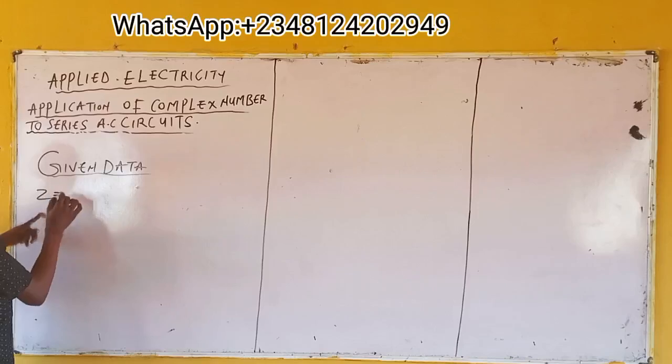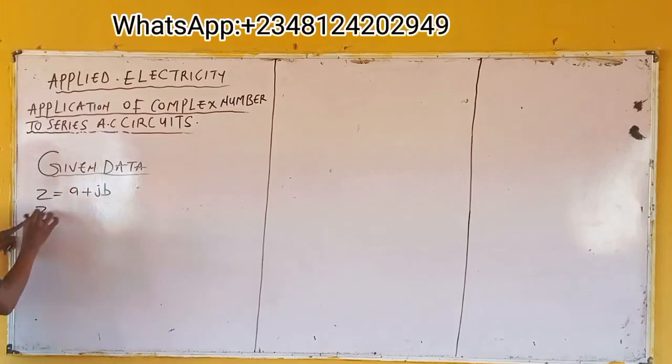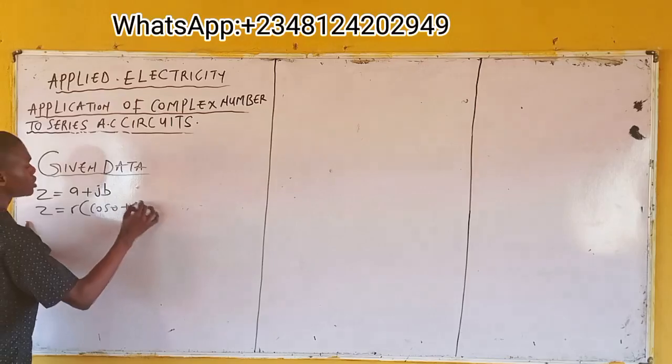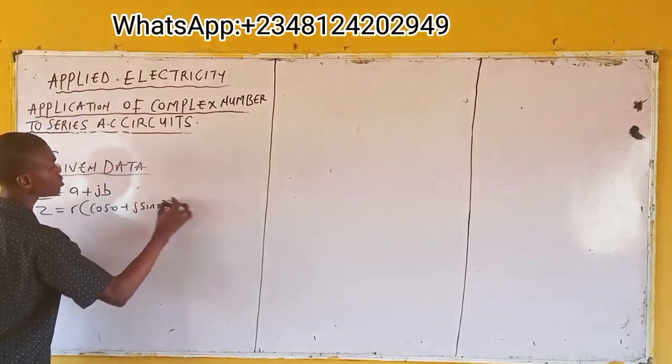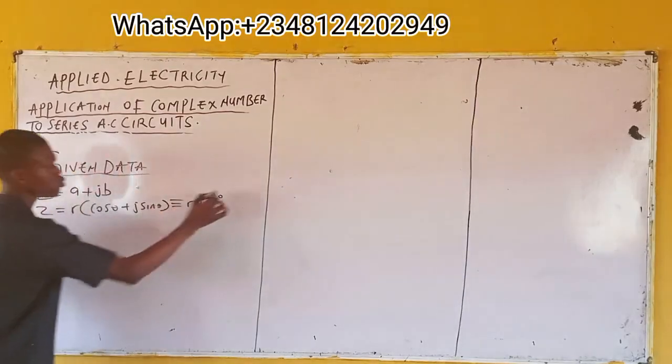In rectangular form, Z is equal to a plus jb. And for polar form, Z is equal to r (cos theta plus j sin theta), which is equivalent to r at theta degree.